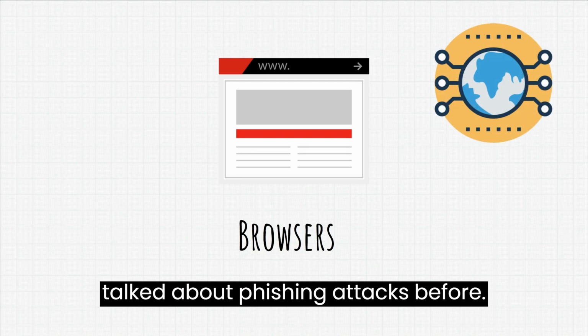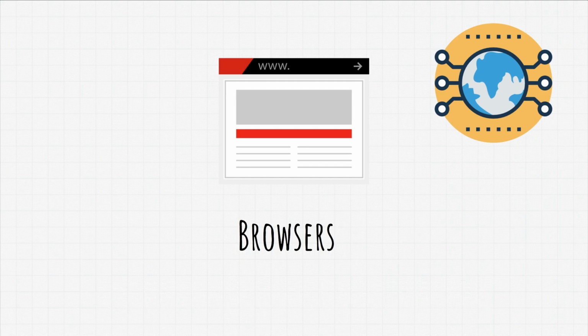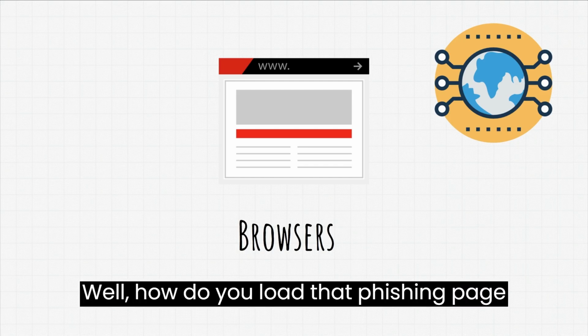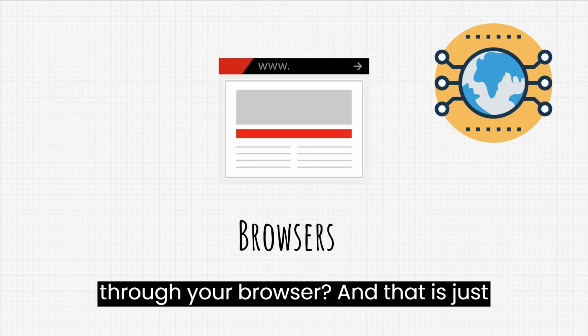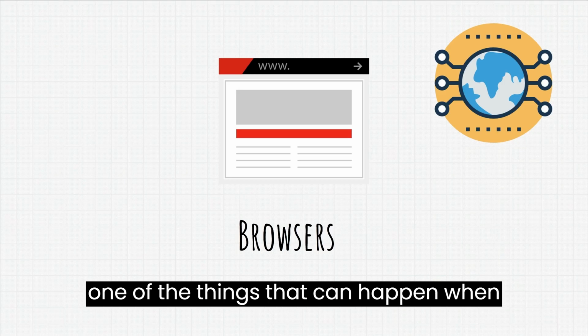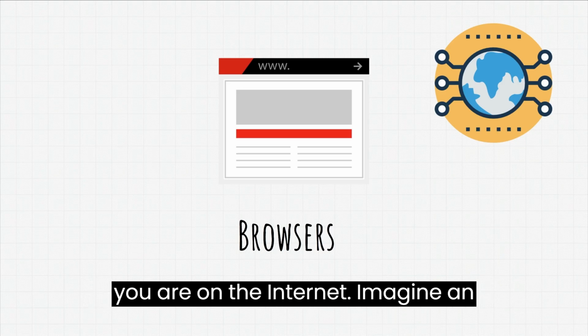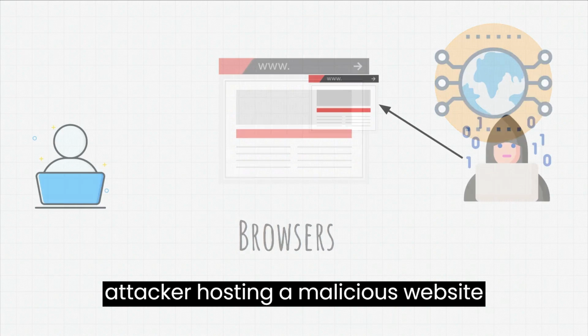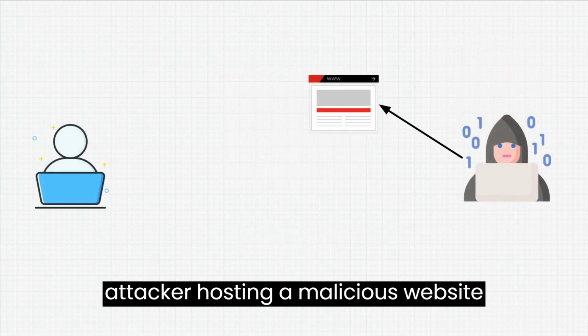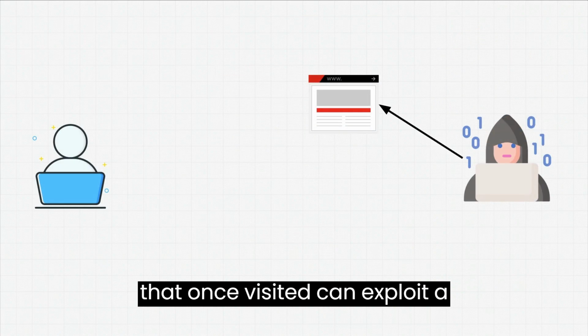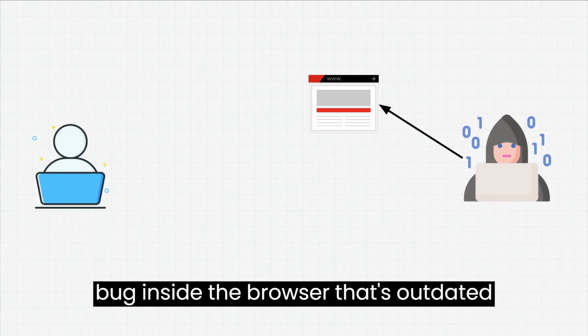We even talked about phishing attacks before. Well, how do you load that phishing page? Through your browser. And that is just one of the things that can happen when you are on the internet. Imagine an attacker hosting a malicious website that once visited can exploit a bug inside the browser that's outdated.